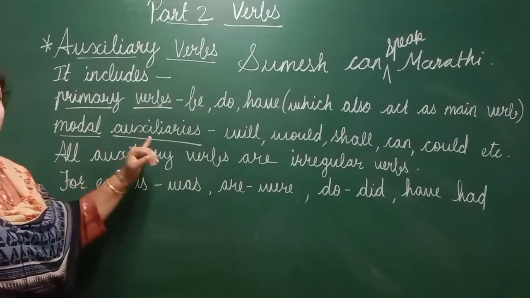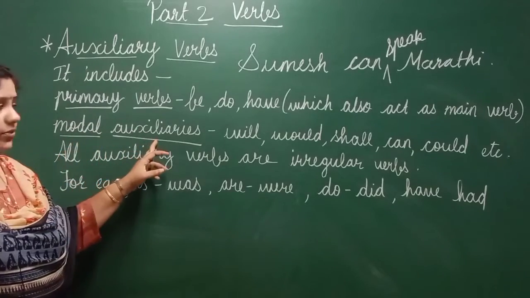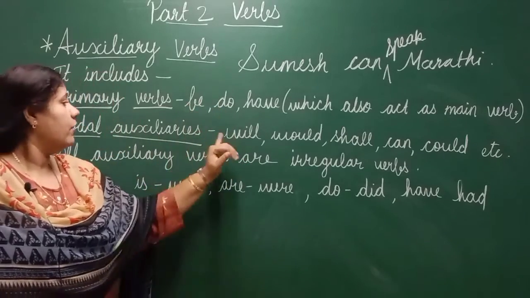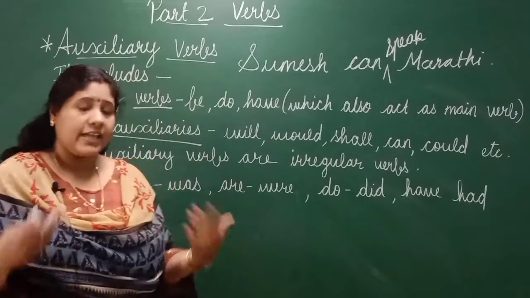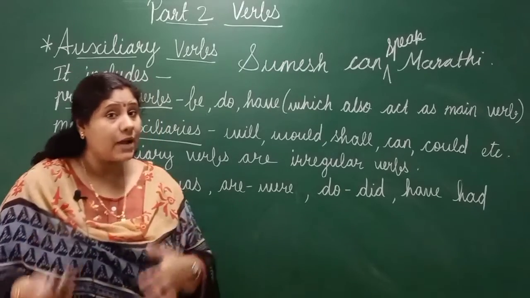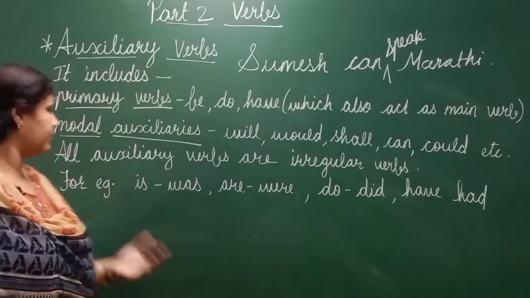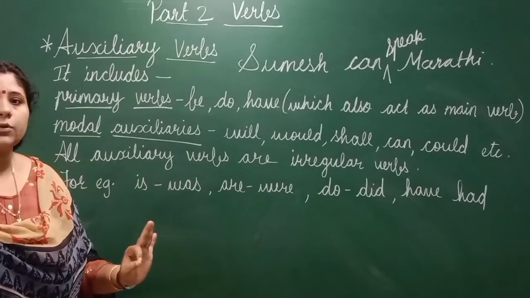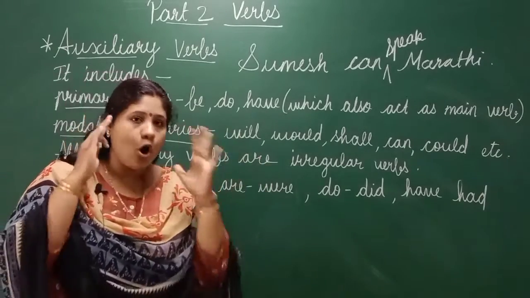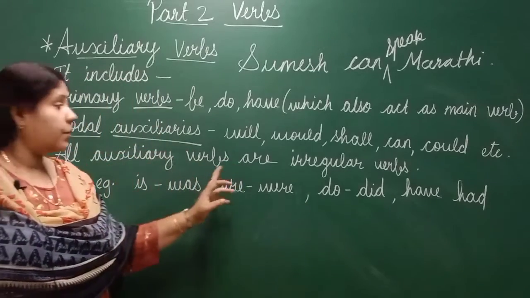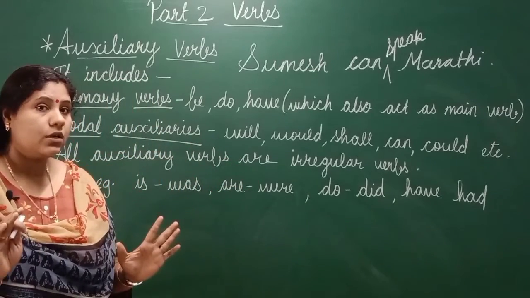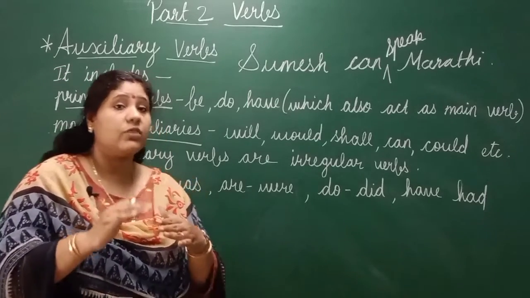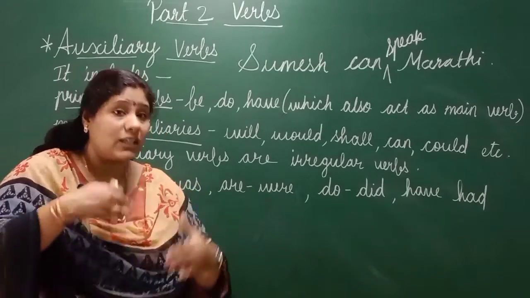Next, modal auxiliaries. Now what are these? They include others other than be, do, have: will, would, should, can, could, may, might, must, isn't it? Now, all auxiliary verbs are irregular verbs. Keep this in mind. Irregular means the past tense is formed in another form.